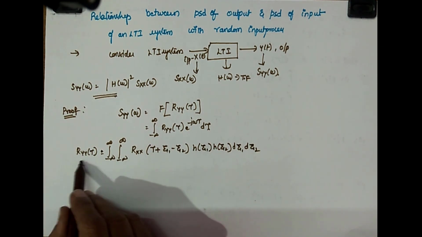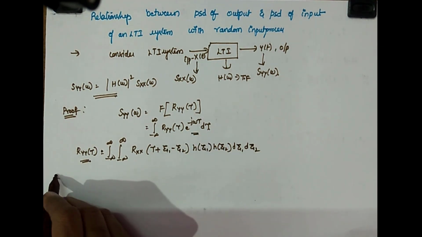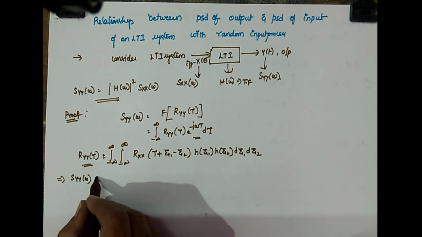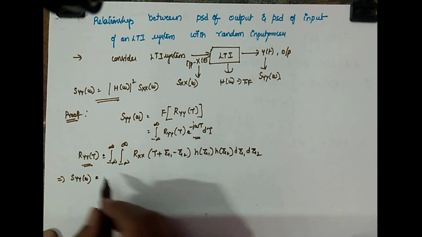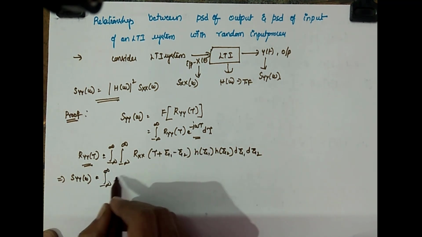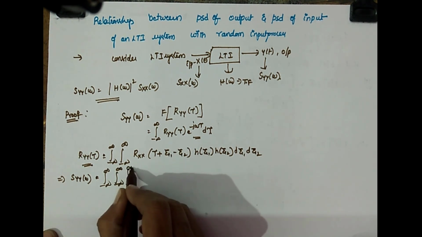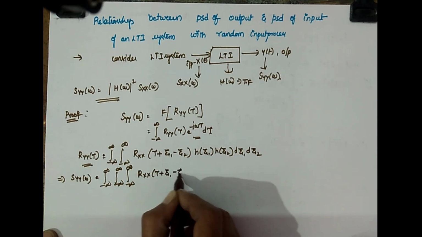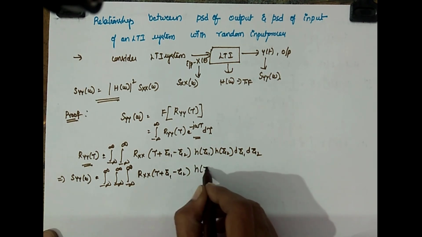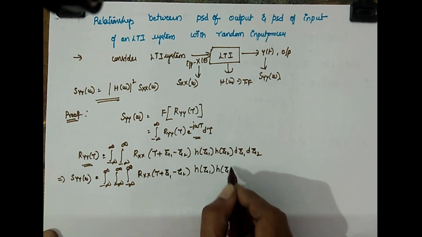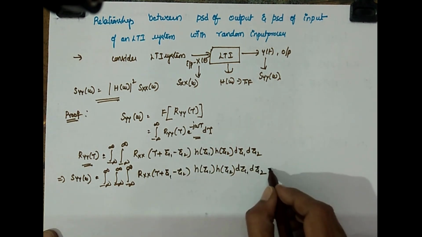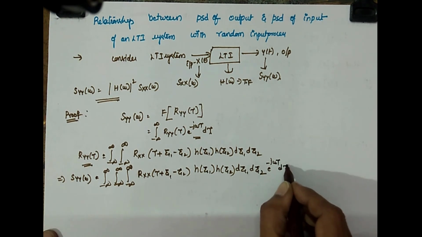Now substitute this Ryy of tau in this expression. It implies Syy of omega is equal to the integral from minus infinity to infinity, with Ryy of tau substituted, and the remaining is e power minus j omega tau d tau.